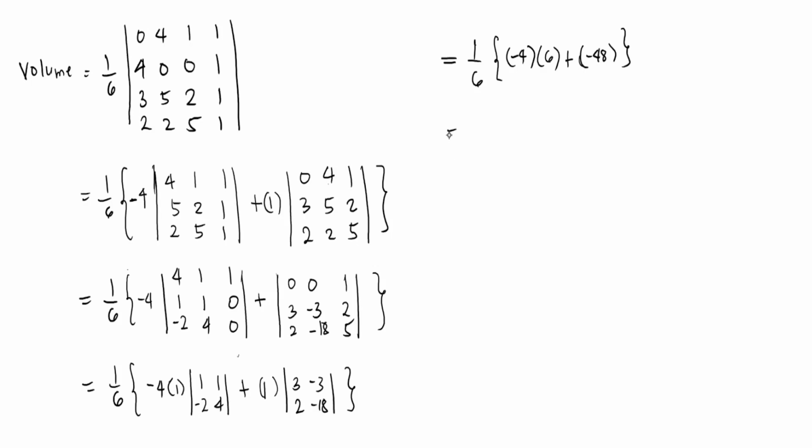Okay, and then this is equal to 1 over 6 times, we have, this is negative 24 plus negative 48, so that's negative 72, right? So it's negative 72, and then divide it by 6, so we will have negative 12. So again, we don't have a negative volume, so we will just multiply that by negative, so that will become positive.